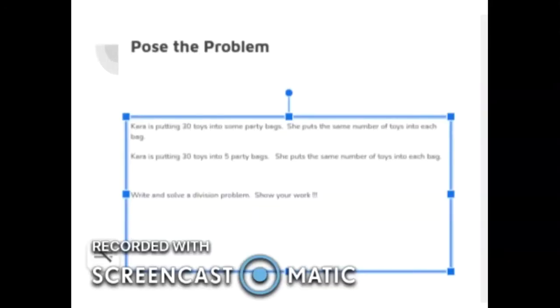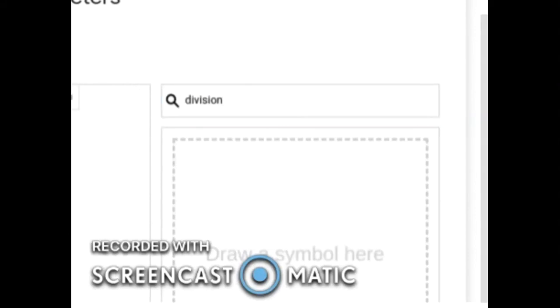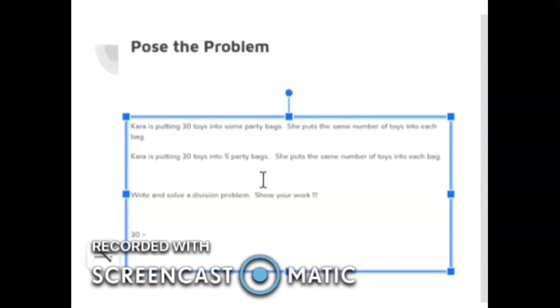Well, hopefully you have come up with a division sentence that looks like 30, and then of course you can put those special characters in. Remember, we talked about that the other day. You can hit insert special characters, and then I just typed in the word division, and I'm able to see the division sign. And once you type that in, you should be able to have your division sign there.